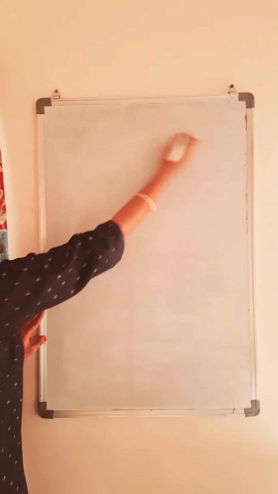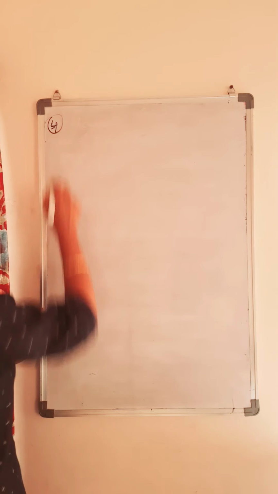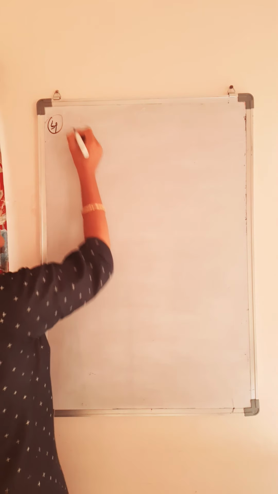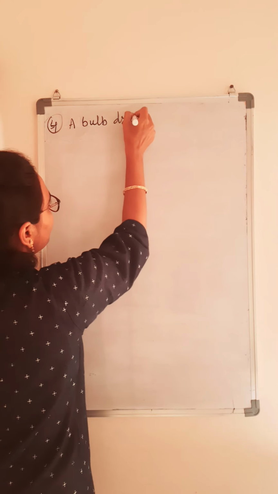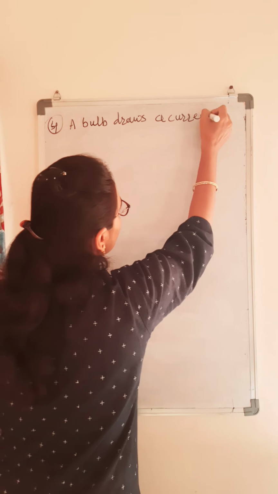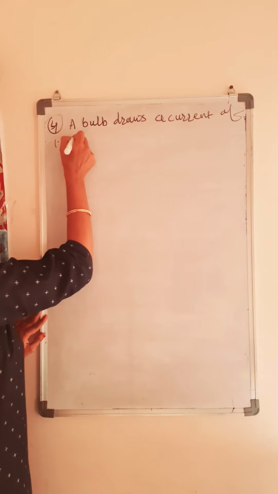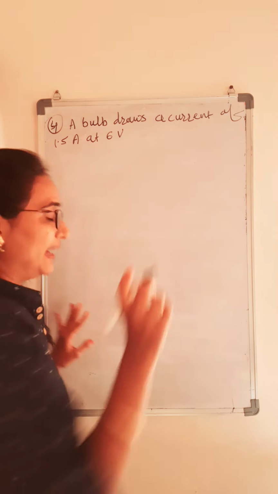Fourth numerical we will take. A bulb draws a current of 1.5 ampere at 6 volt battery.